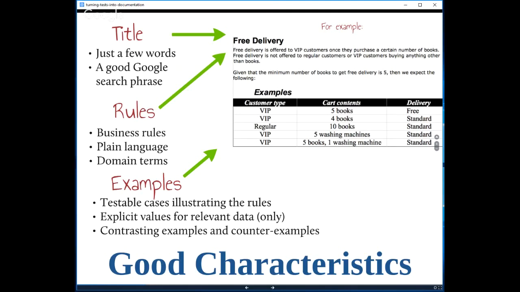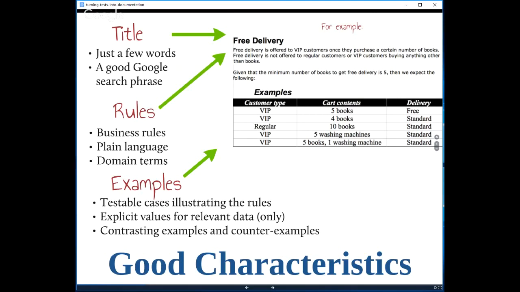So each example here is a separate testable case or scenario, which has explicit data values for all the relevant items that are relating to the business rule, but no more, okay? So we don't want to include any data values that don't have direct relevance to the business rules. And it's important to include both examples and contrasting counterexamples.